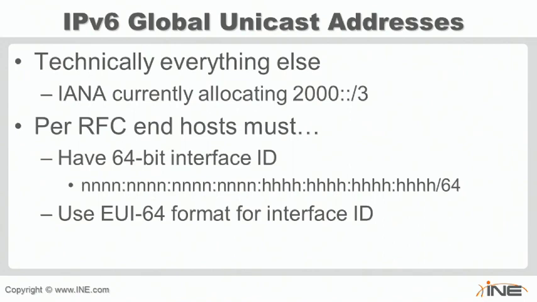So even though that's basically half of the address range on a per subnet basis, this is what the end host would be looking for when they're trying to do the stateless auto configuration. So basically half of the address is going to be the network portion, and then the other half is going to be the host portion.